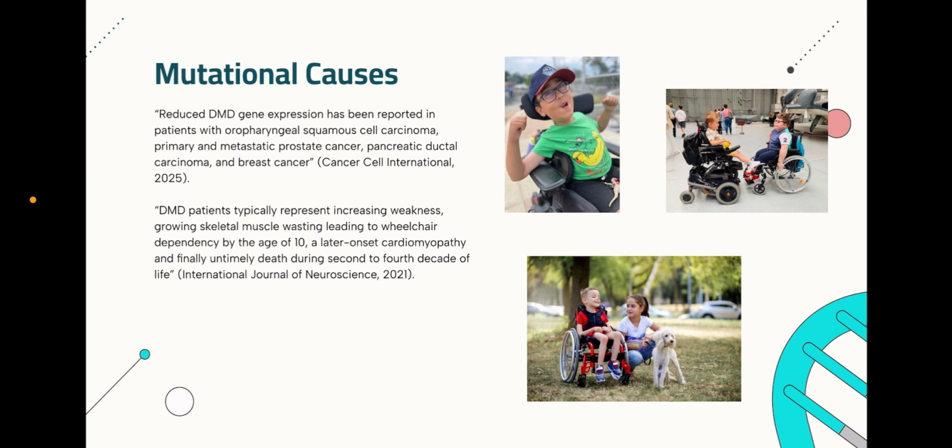So not having this dystrophin protein may also have something to do with these carcinomas and cancers. Not having dystrophin is a very big deal, and it is very important to have it. If you don't, bad things can occur, and you may have to be wheelchair dependent.